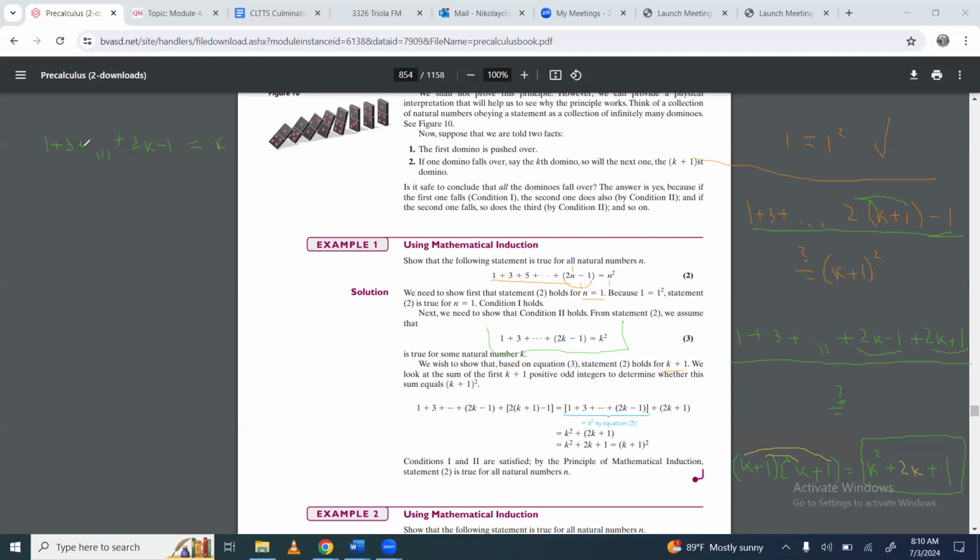So that's true. That's what's given. They gave us. It works for k. What does it mean? Well, put k in the formula and you get a true statement.